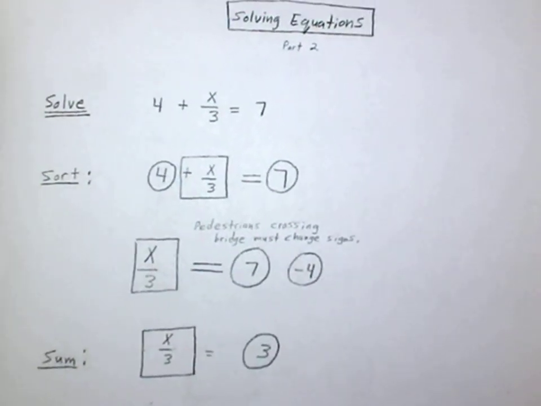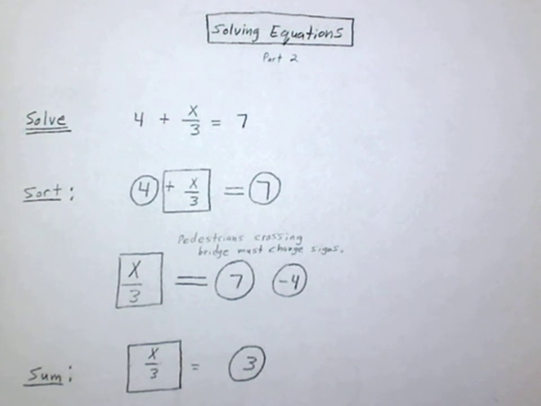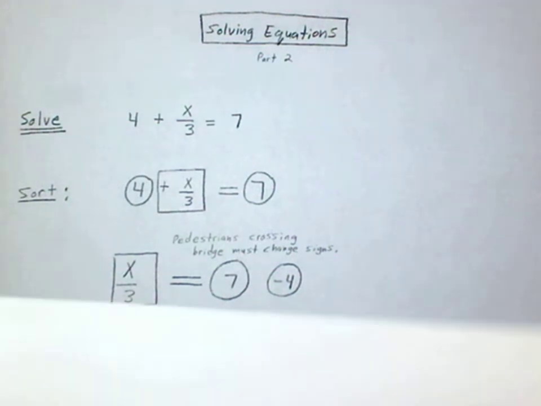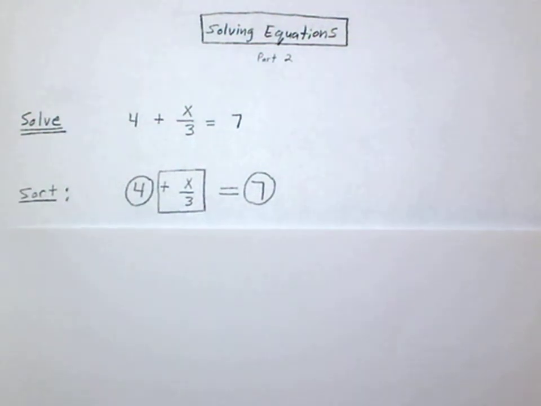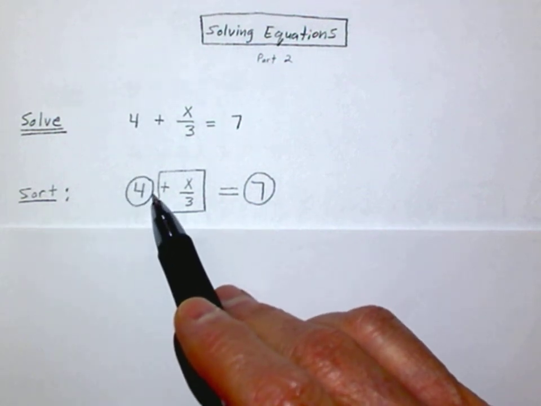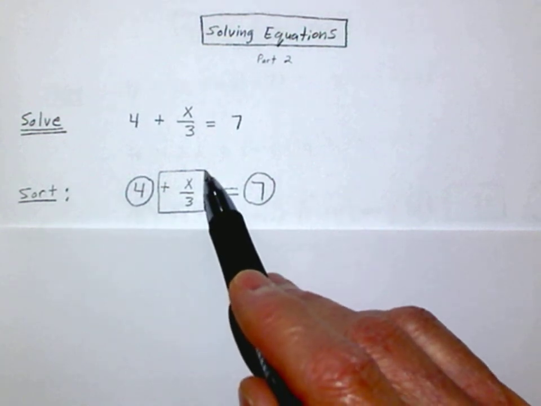This equation that we are asked to solve is a little bit different. It has a fraction in it. But our first step is the same. We have to sort our terms. So we'll put circles around terms that have no x, a box around terms that have x.